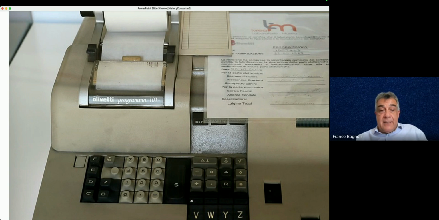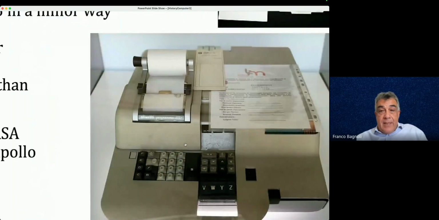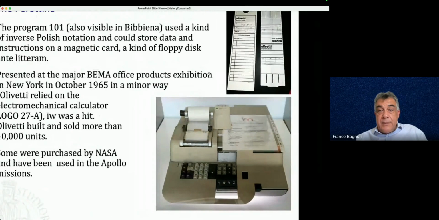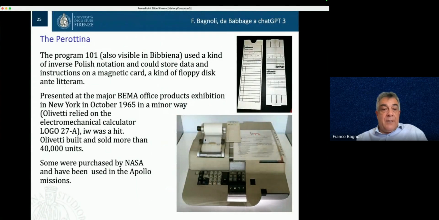Print, etc. They had the idea of using this card, a magnetic sheet of paper, so that you could insert it and use it like a floppy disk, say, to store a computer program that can be read after time. And clearly they had a printer here, Olivetti, so they knew very well how to make a printer.